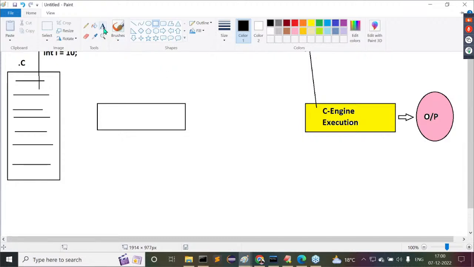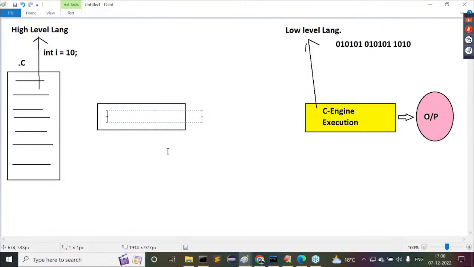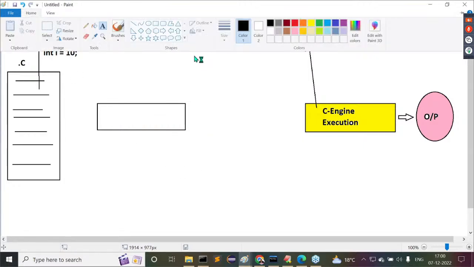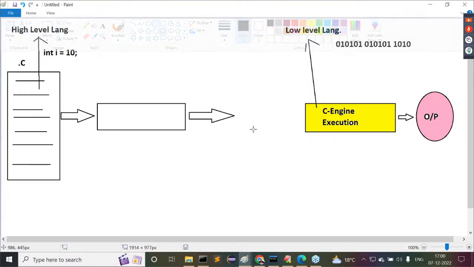All of you guys observe carefully. Here I am going to use some process. Then what is going to happen, guys? Whatever program we give to this translation, this is called the translation process. High level to low level translation. If we give the source program to this translation, it is able to convert the program from high level to low level.